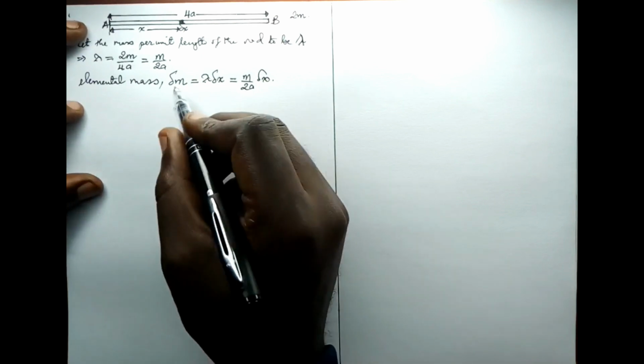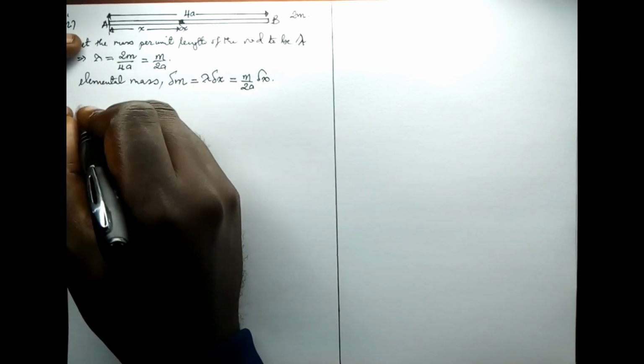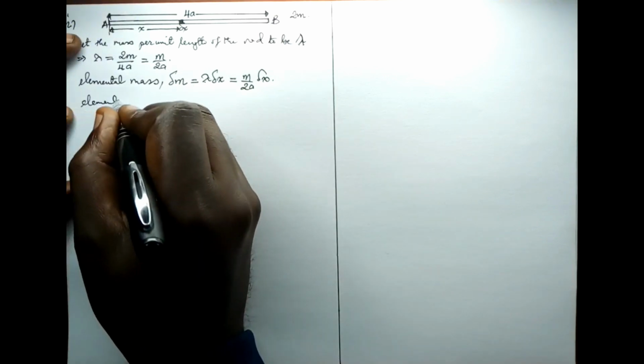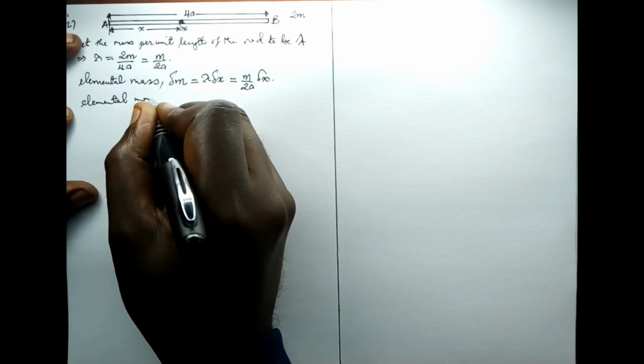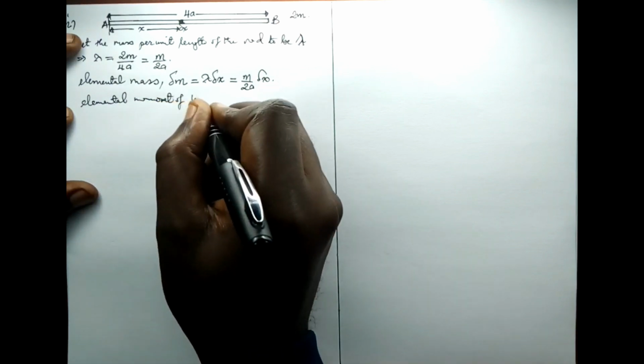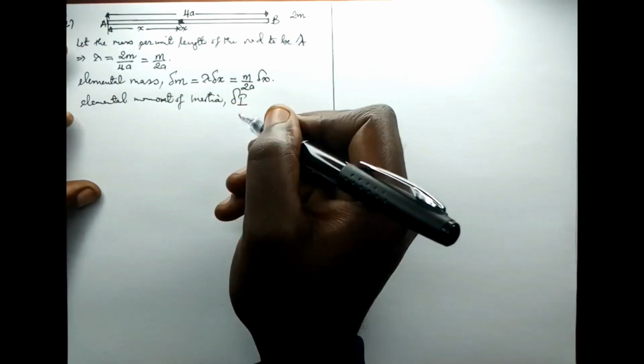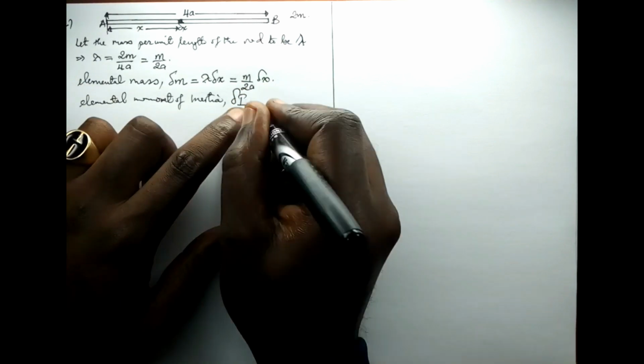Once I have the elemental mass, I can now find the elemental moment of inertia. I will call it delta I. Again, it's a small amount.